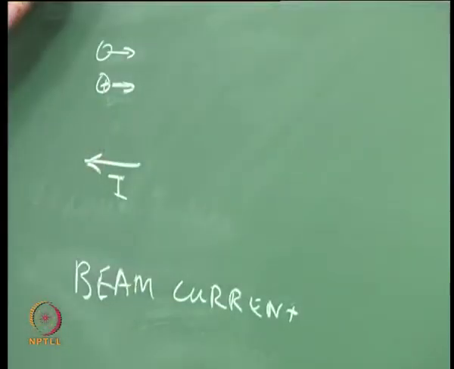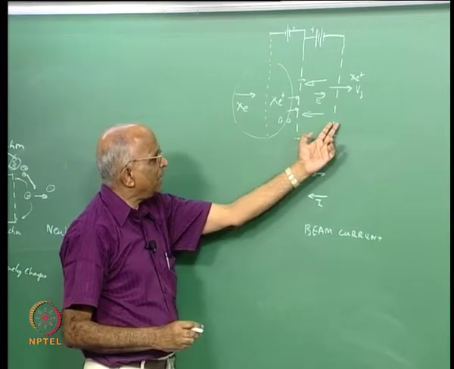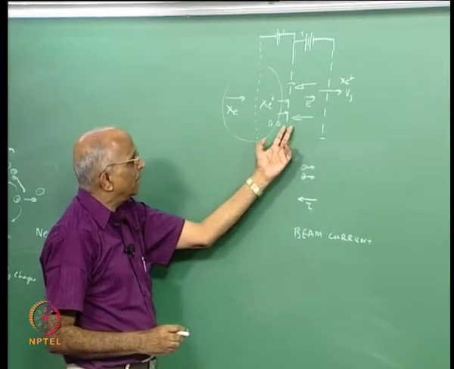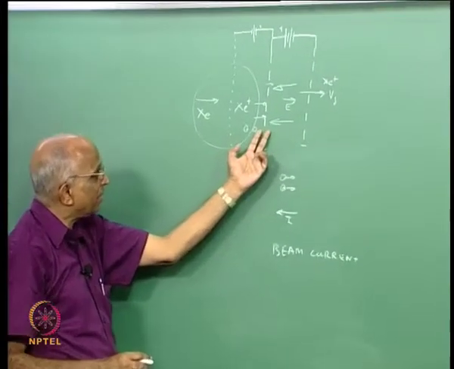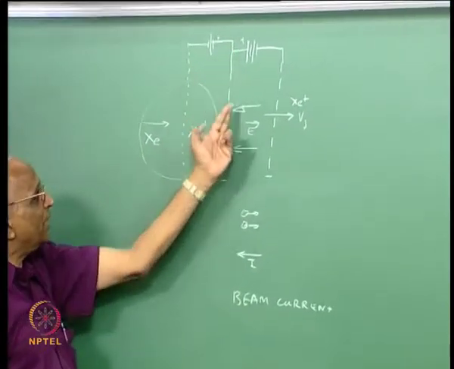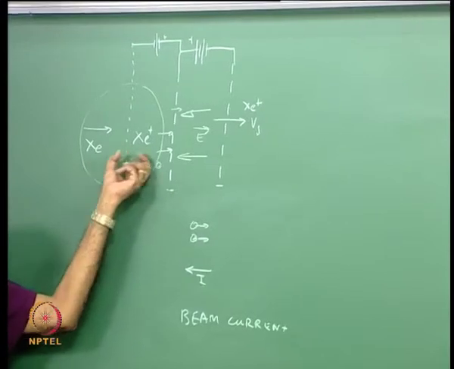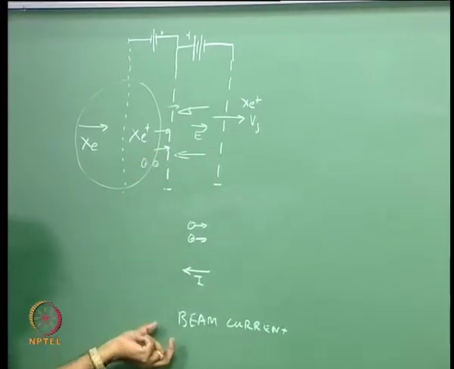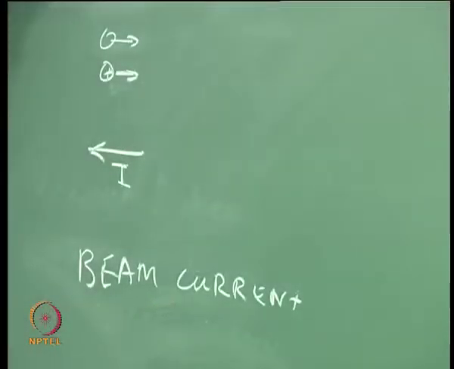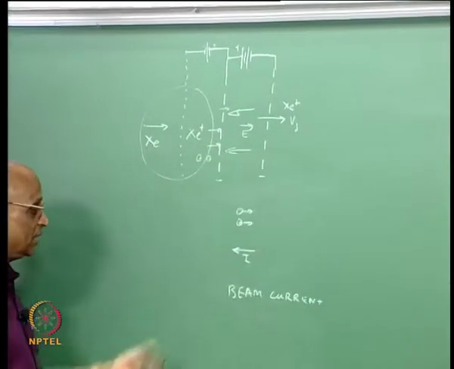And what will this beam current do? Between the acceleration grid and this extractor grid, even though this is negative, this beam current will reduce the effective voltage with which it is getting attracted. Maybe for a critical value of beam current, no more extraction is possible and the thruster will fail.